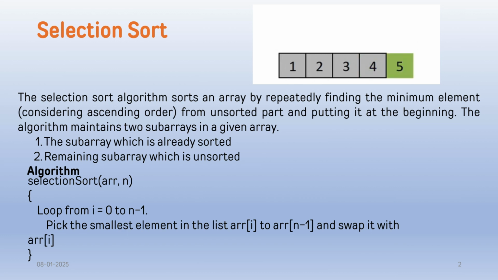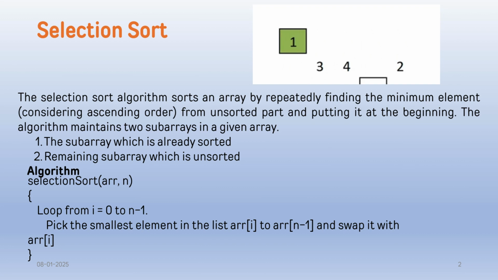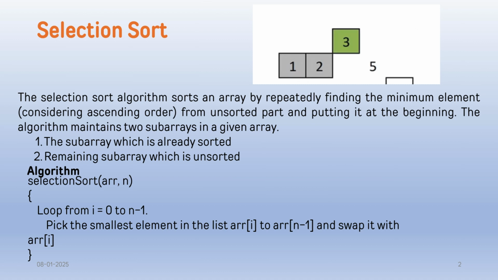You can also think in the following way. At iteration 0, we need to scan n elements to find the minimum one, which takes order of n time. At iteration 1, we need to scan n-1 elements, which takes order of n-1 time. At the final iteration, we need to scan just two elements, which takes order of 2 time.